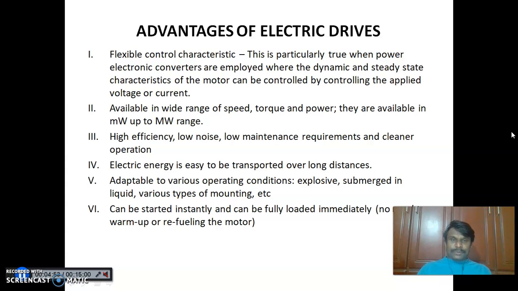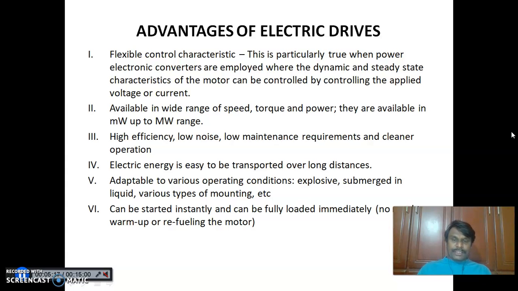So electrical drives are used for motors from milliwatts to megawatts of power, with a wide range of speed control, and the advantages of electrical drives include high efficiency, low noise, low maintenance requirement, and clean operating conditions.